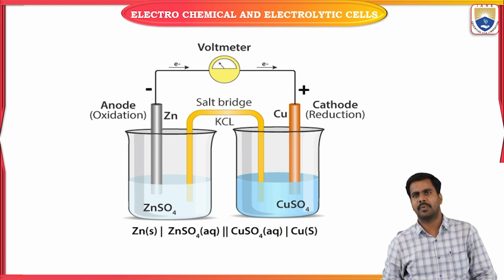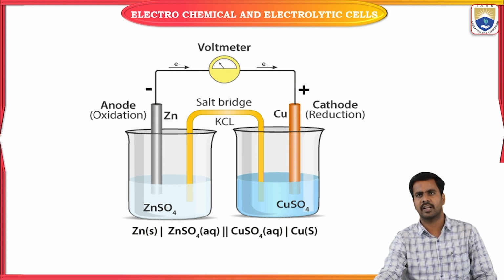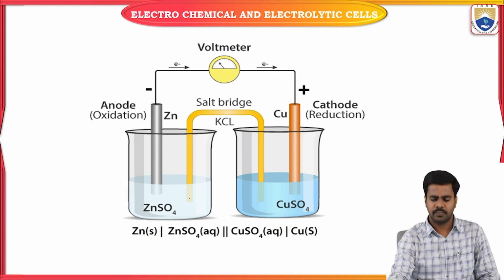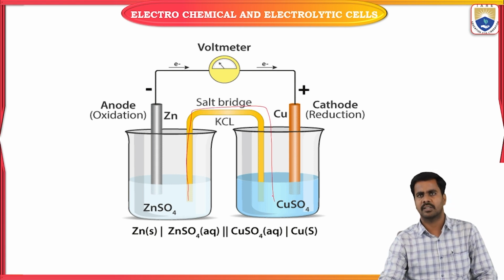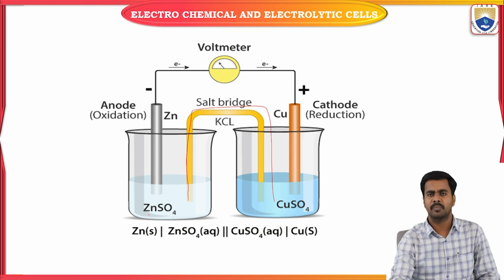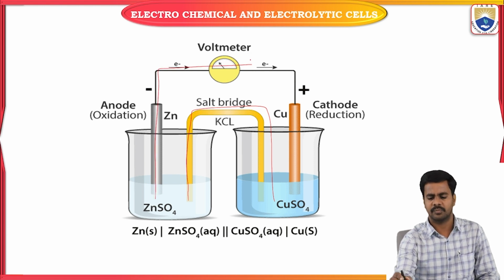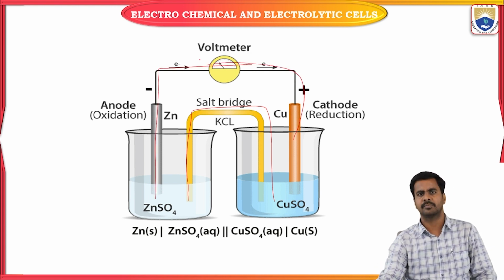An electrochemical cell is made up of two half cells which contain the anode and cathode and their corresponding salts. The anode and cathode are connected through an external wire.